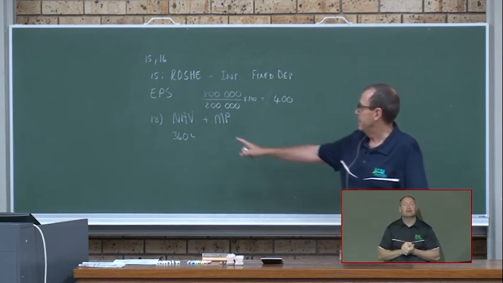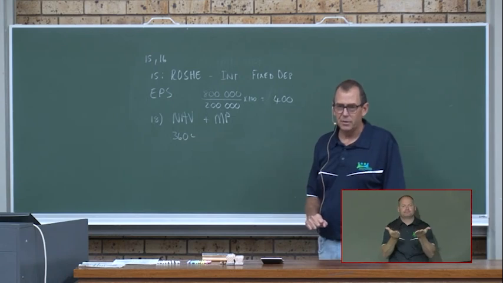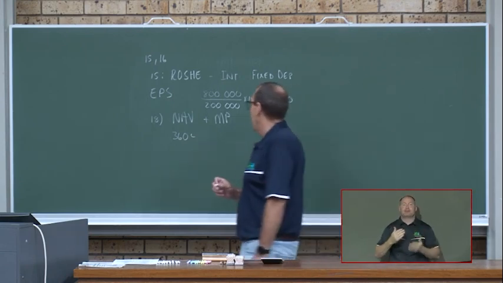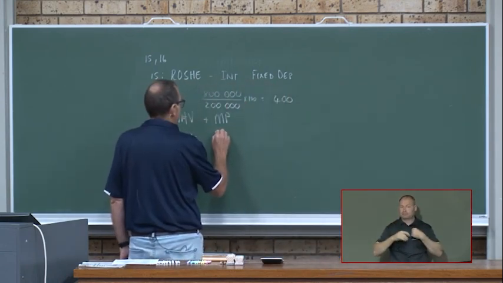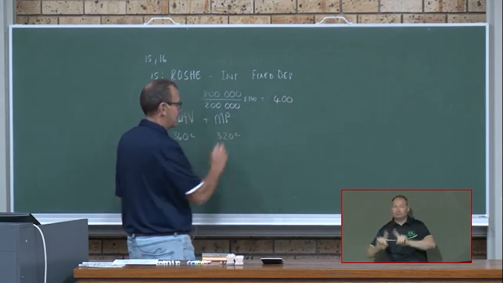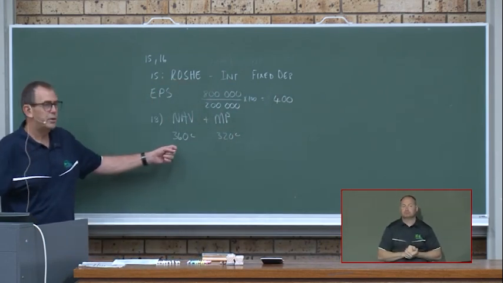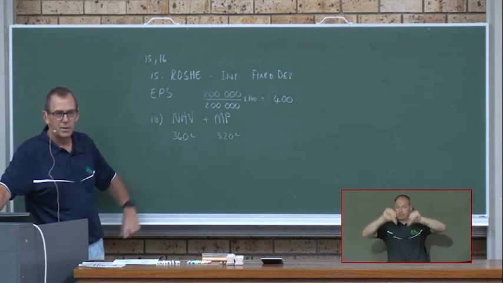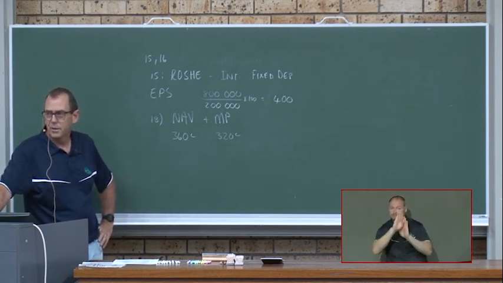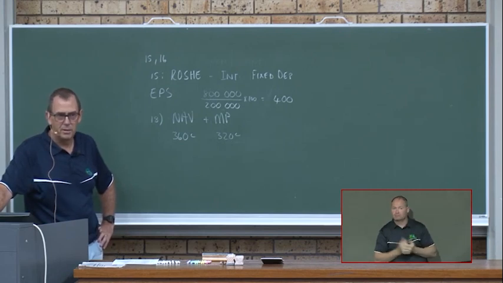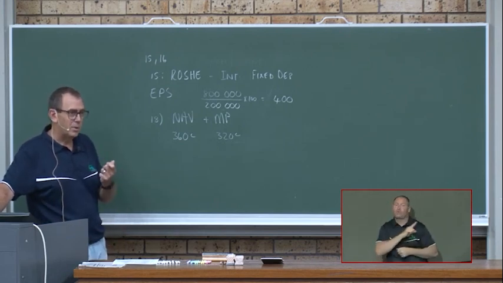So if my net asset value is 360 cents, and the market price is 320 cents, what does this tell you? Is this company doing good or not? Are they doing well or not? They're not doing well. Why? If they've done well, what will happen?